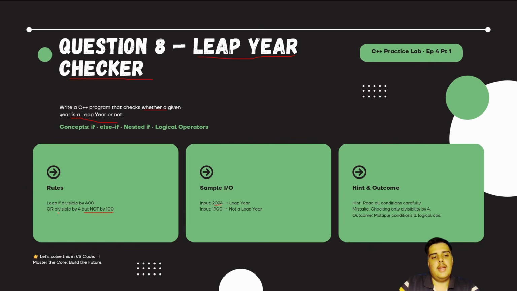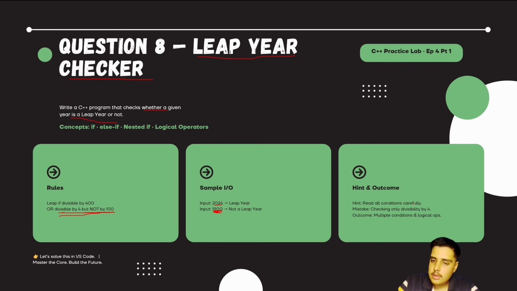So the second condition, divisible by 4 but not by 100, is active. Or for this it is divisible by 100 but also divisible by 4. So we have to check that it should be divisible by 4 but not by 100.